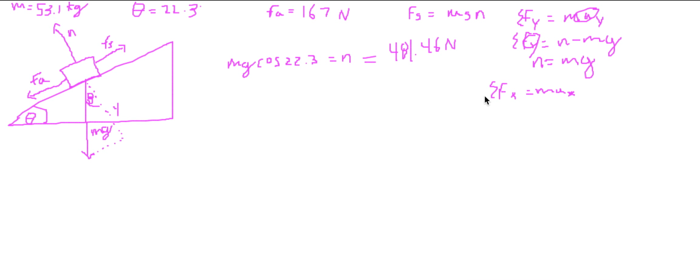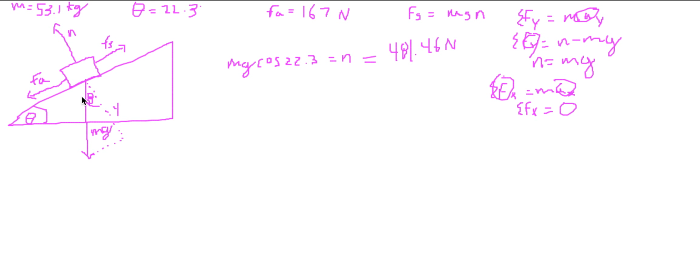And since we're looking for the maximum static friction coefficient, there's going to be no acceleration, because we're going to need a little bit more force to get the object moving, so it is still at rest. So this is equal to 0. There's no acceleration yet, so the sum of forces in the x direction is equal to 0.